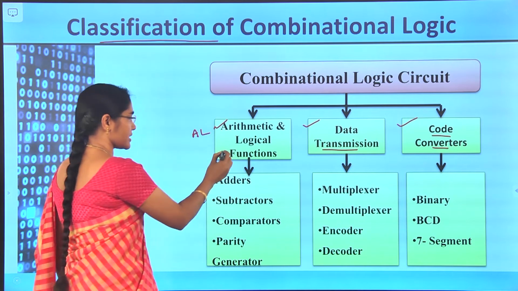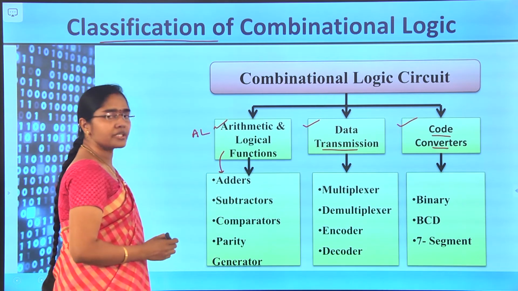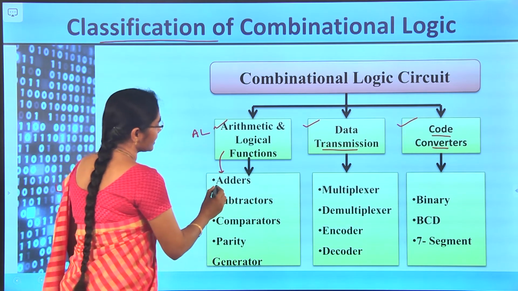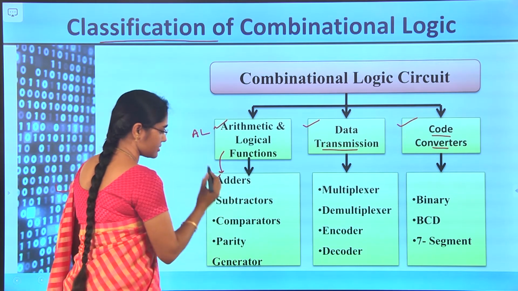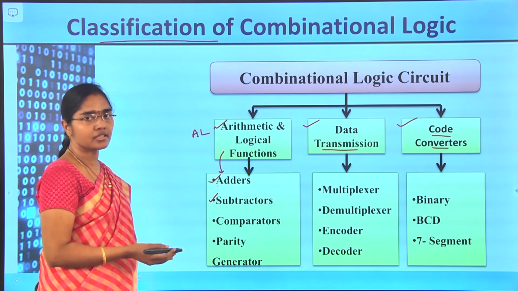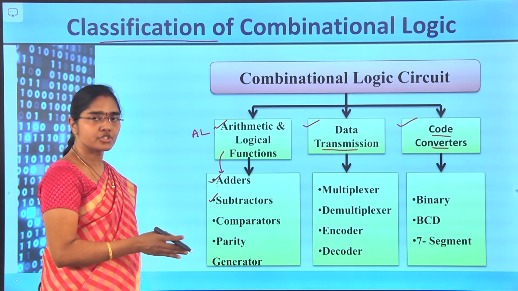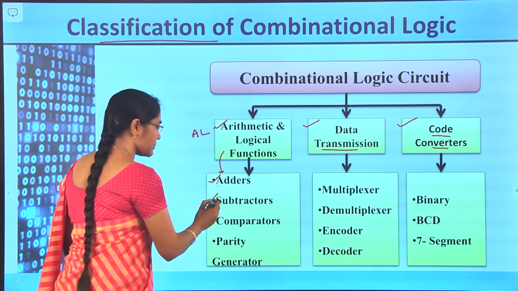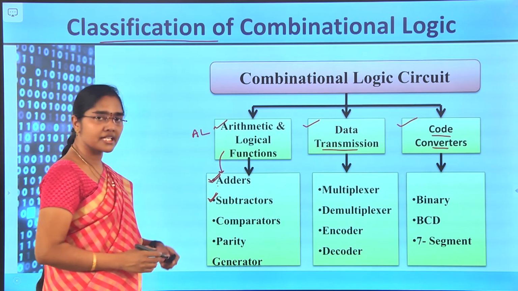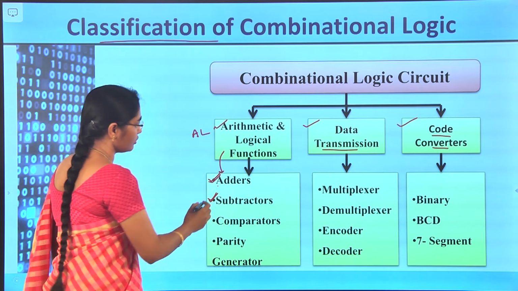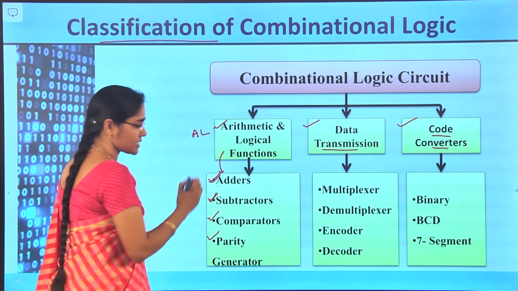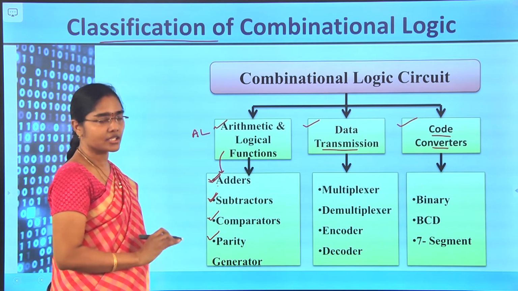Example combinational circuits for arithmetic logic functions, which are used in computers and calculators, are adders and subtractors. There are many types of adders, from single-bit addition to multiple-bit additions, and similarly for subtractors. These adders are also used in multipliers for multiplication, and then there are comparators and parity generators. These are some of the example circuits.